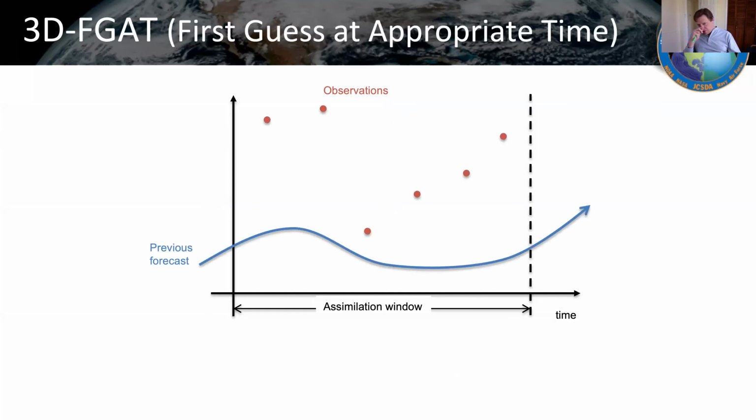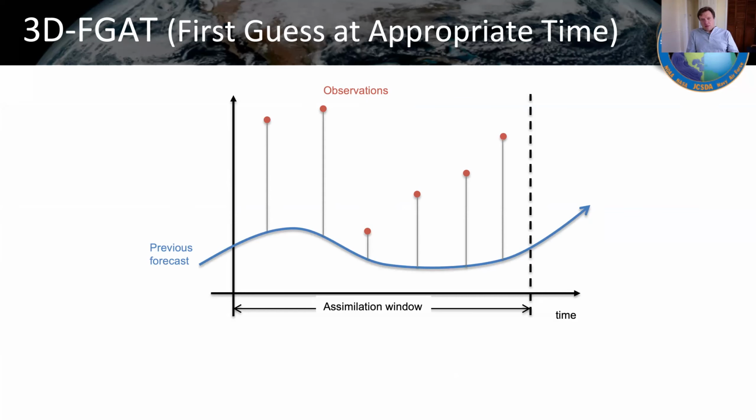There's another intermediate way to do the assimilation, which is called the 3D-FGAT, first guess at appropriate time, where the difference between the forecast and the observations is computed, taking into account the time dimension.